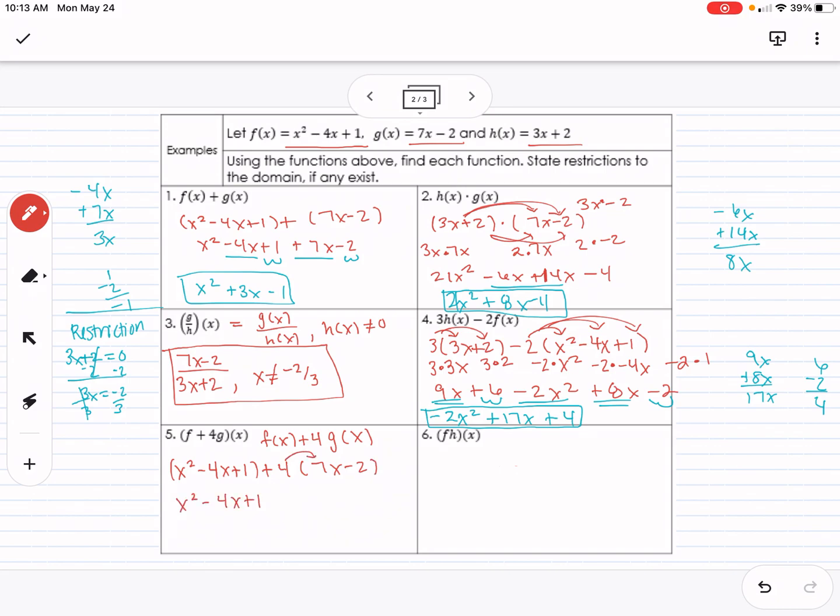And then here I would distribute. 4 times 7x is 28x. And then 4 times negative 2 is negative 8. Now I can combine like terms. So I would combine negative 4x with 28x. That's positive 24x. And I would combine 1 minus 8. That's a negative 7.